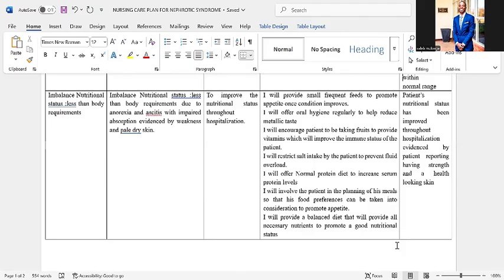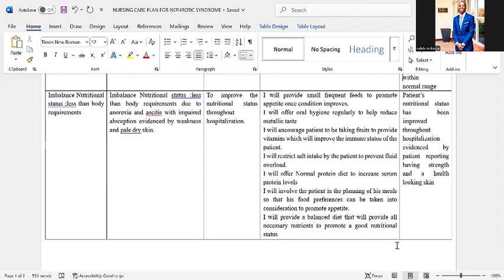The reason why this patient has fewer nutrients in the body is because of poor absorption and also the lack of appetite.